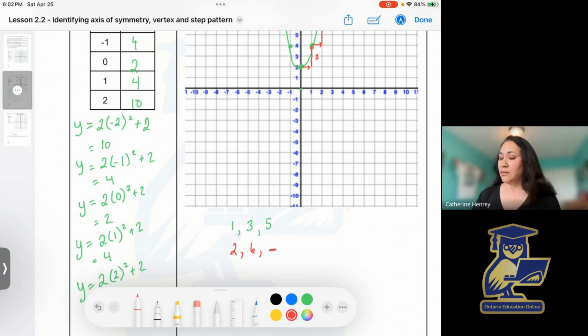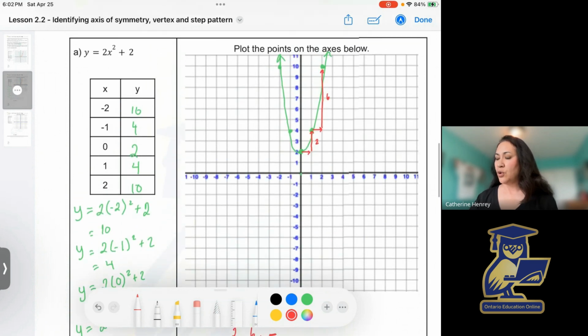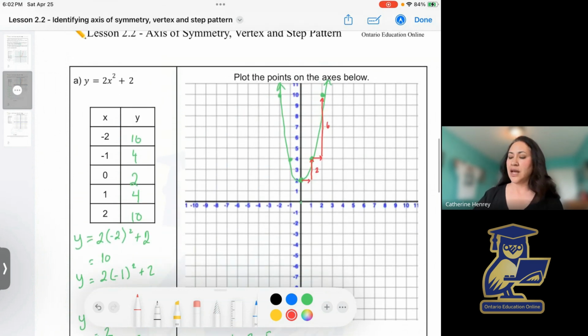So if we take a look, how is this linked to the a value or the coefficient in front of the x squared term? In this example, that coefficient is 2. So does that make sense to you? The coefficient of the x squared term in this example is 2.